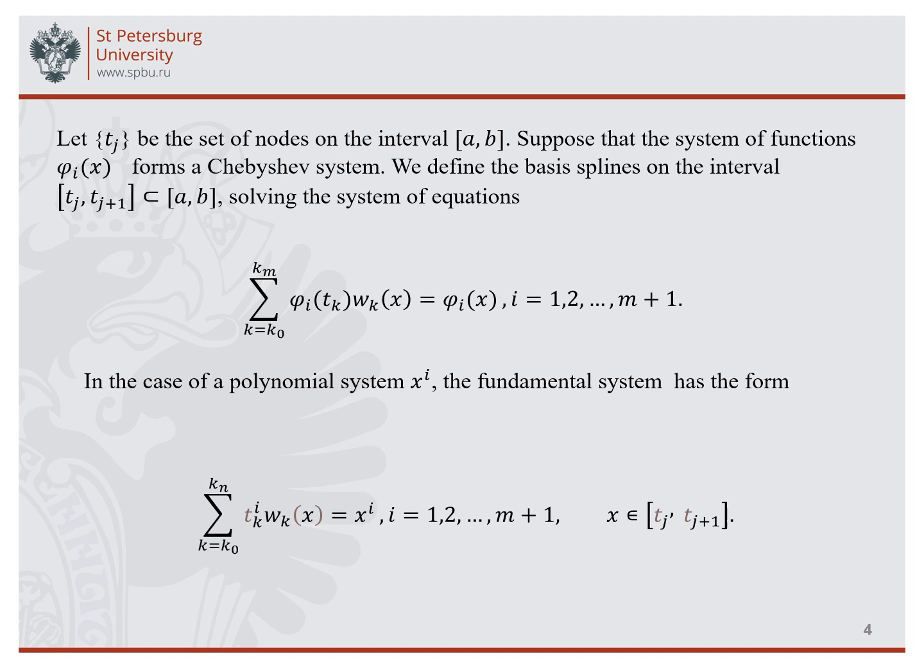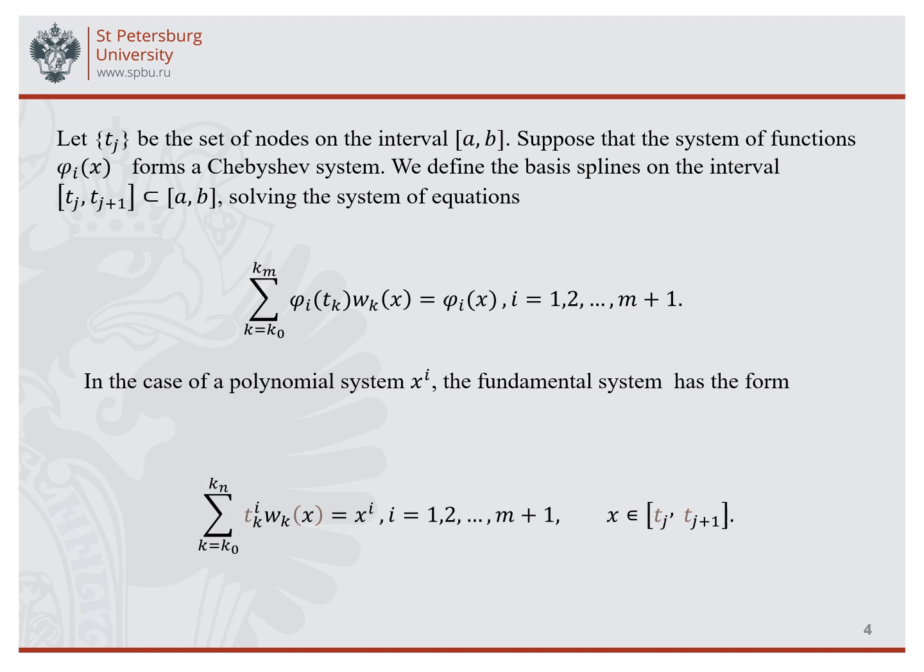So let us have the set of nodes on the interval AB and suppose that the system of functions forms a Chebyshev system. We define the basis splines on the interval xj, xj plus 1 from interval AB, solving the system of equations.